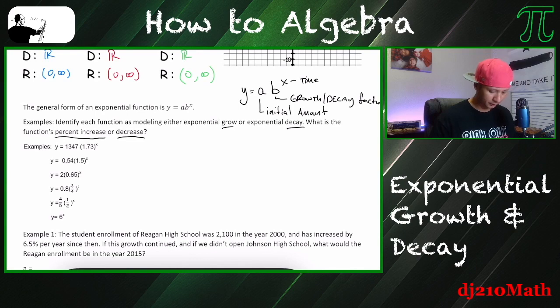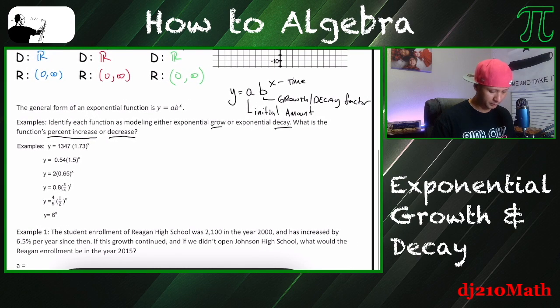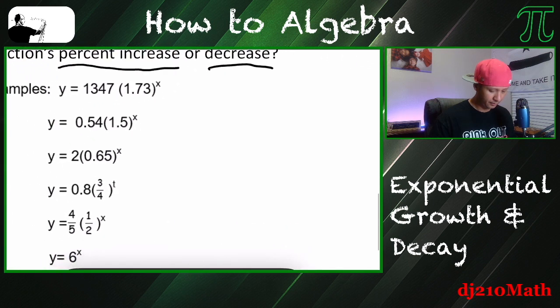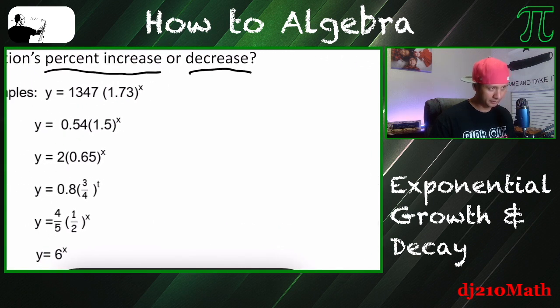All right, so in the first example, we have y equals 1347 times 1.73 to the x. So let's look at all the b values, right? Because b is what's going to tell us if it's increasing or decreasing, or if it's growth, which is increasing, or decay, which is decreasing.